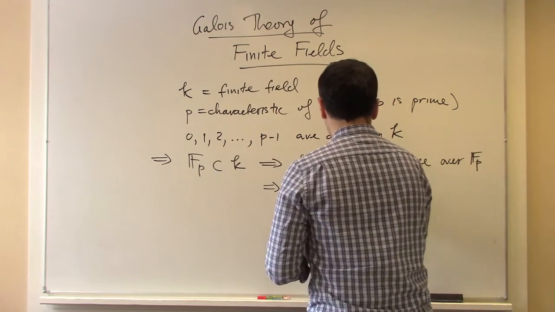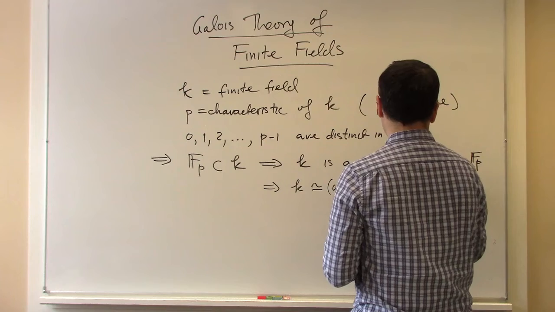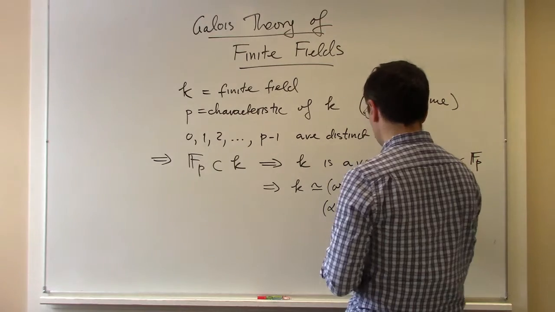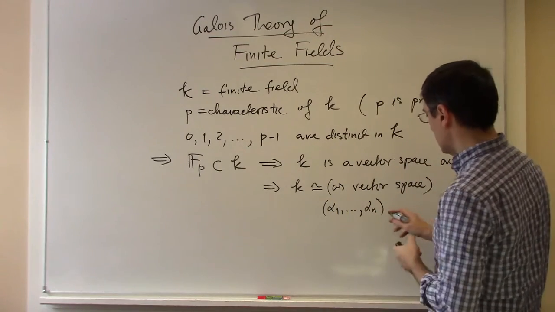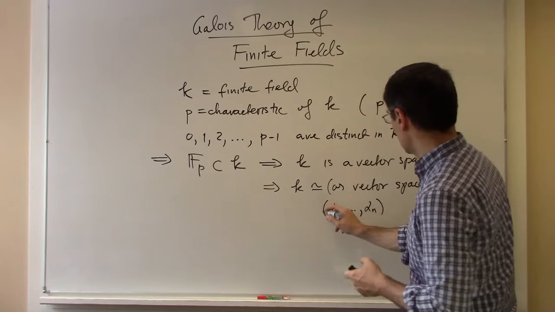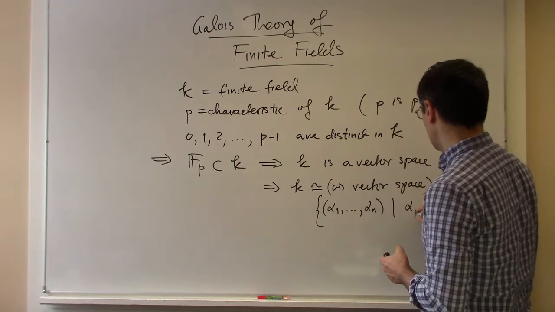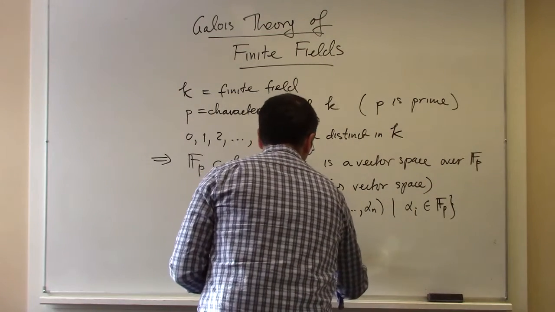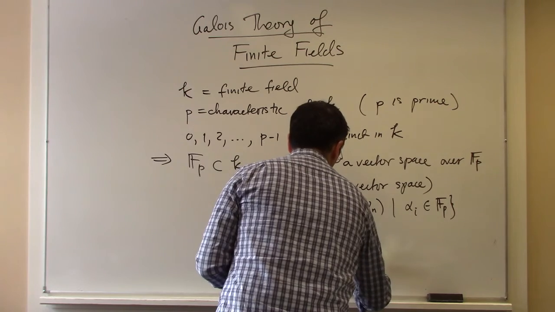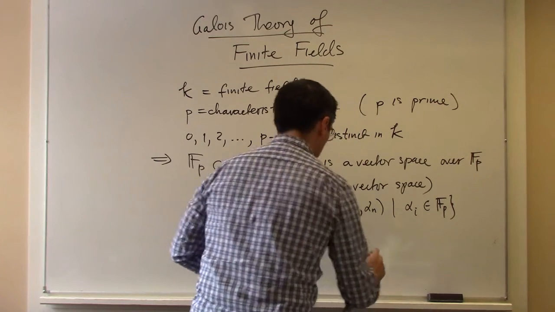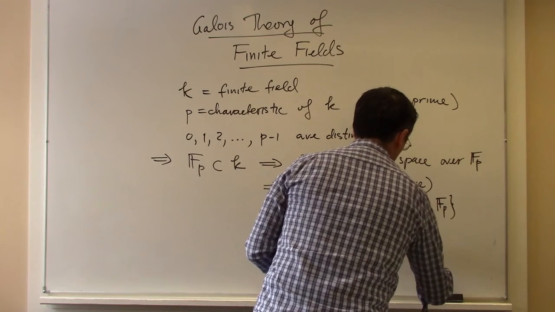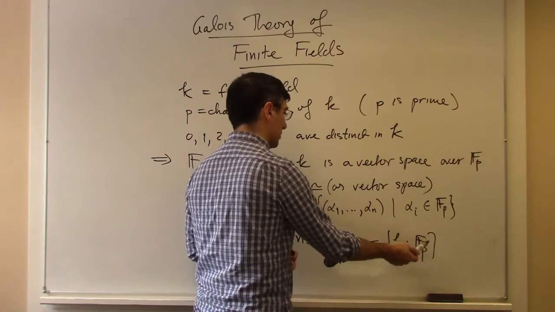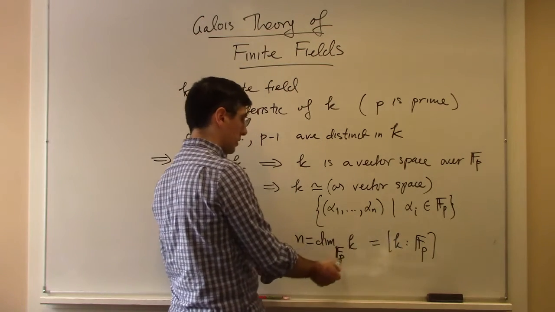All right, so then if it's a vector space, then it implies that K is isomorphic as a vector space to n-tuples, where n is the dimension. So these alpha_i are in F_p, okay, n is the dimension of K over F_p, which is by definition, so the degree of K over F_p is defined to be the dimension of K over F_p.